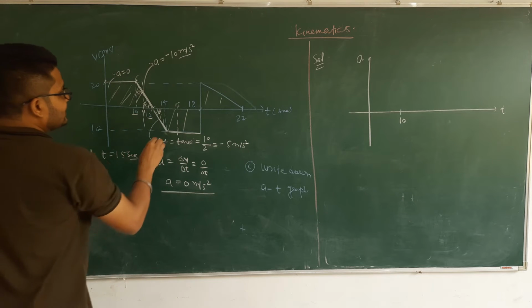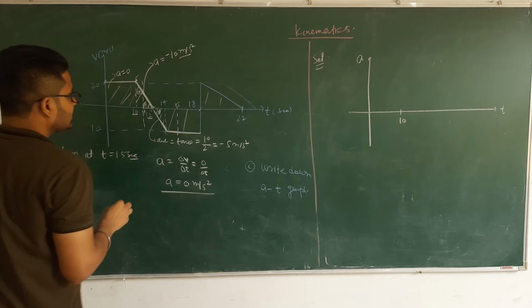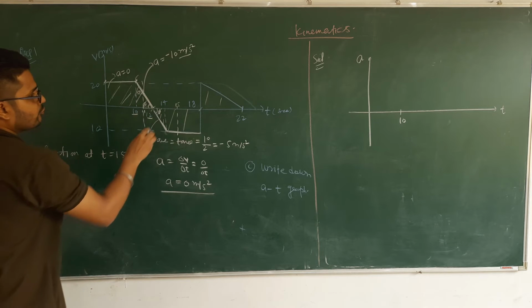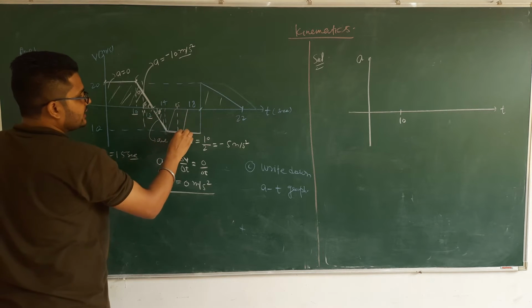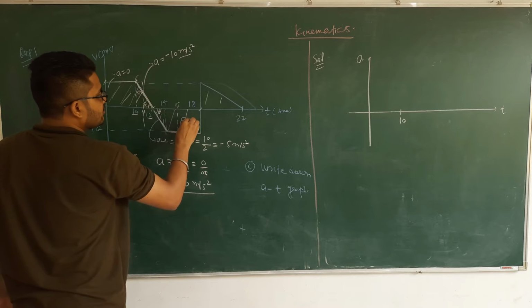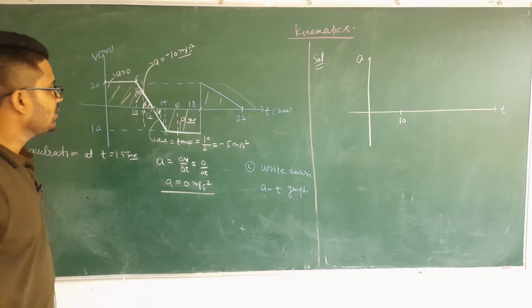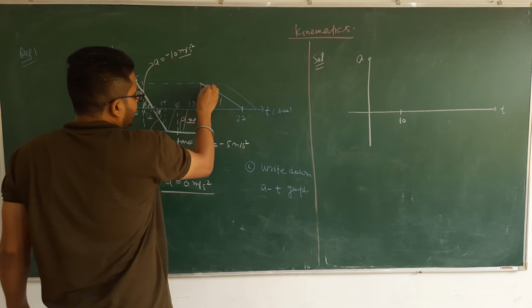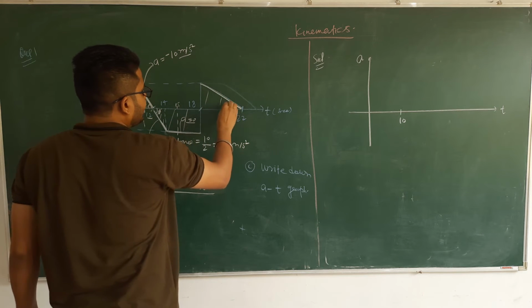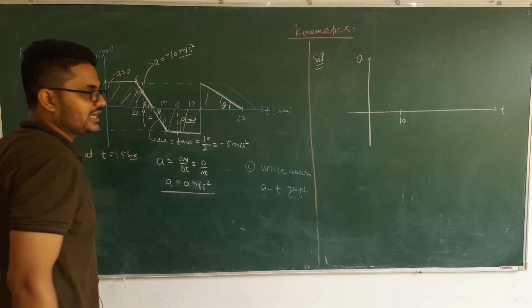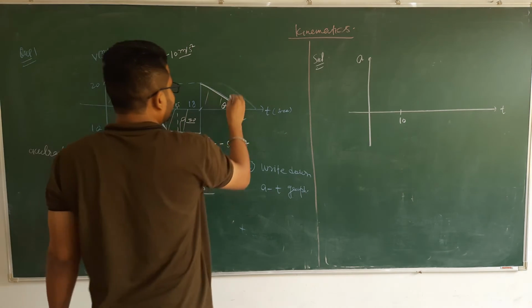Within this region, between 14 to 18 seconds, acceleration will be 0 because the velocity time graph is constant. Between 18 to 22, theta is this angle. So what is tan theta?